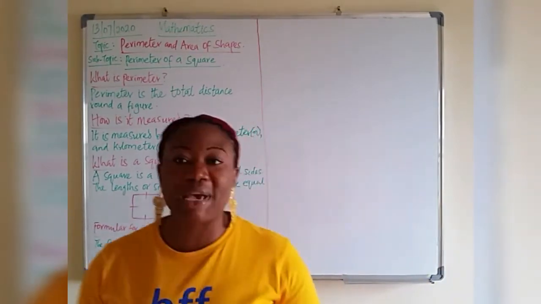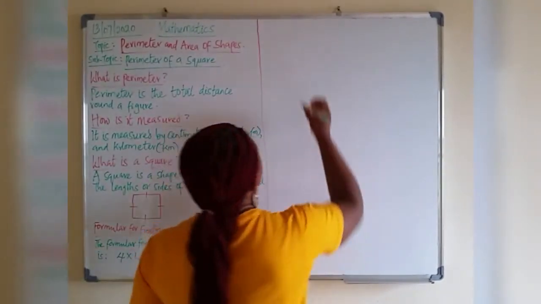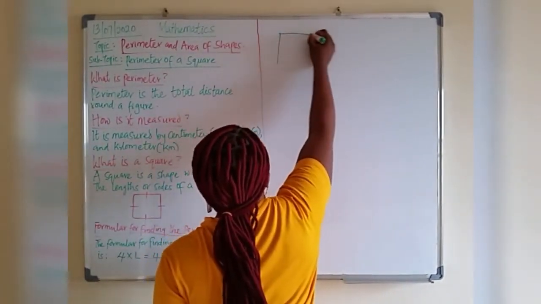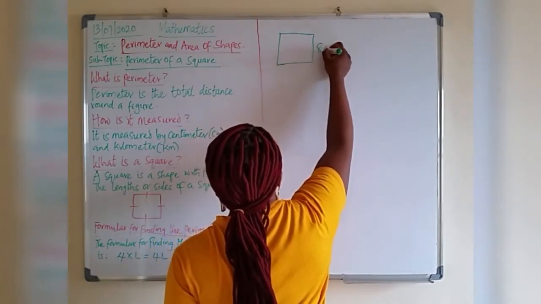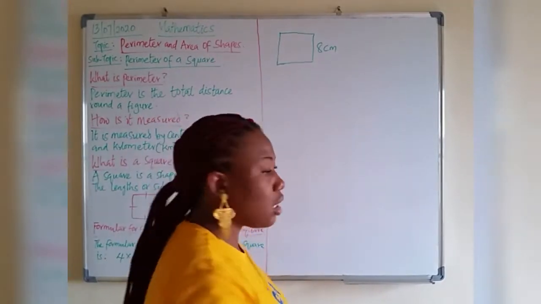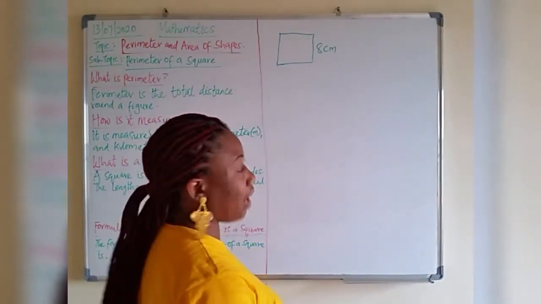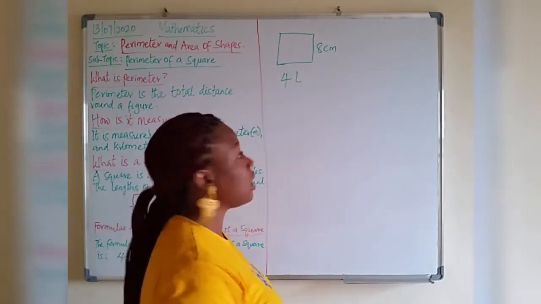Now with this, we are going to make it more practical by taking one example. Let's say that we have a square whose length is 8 centimeters. Find the perimeter of this square. Now, given the formula that we have 4L as our formula, right?